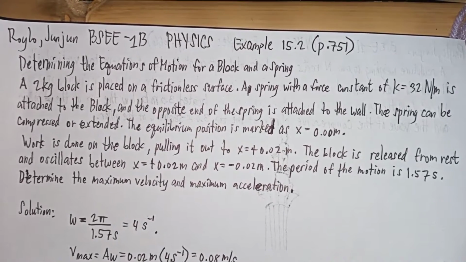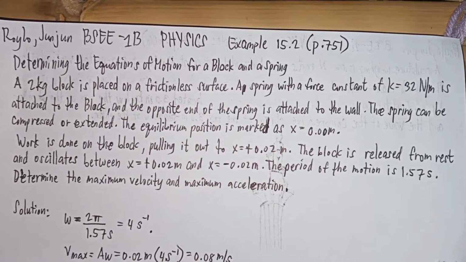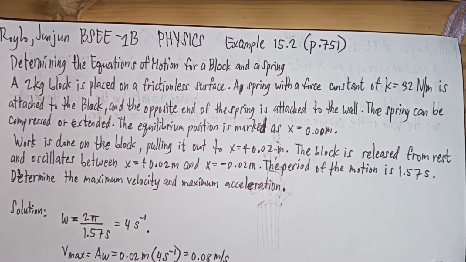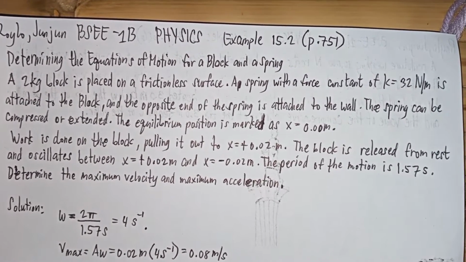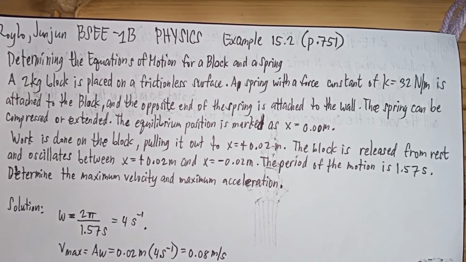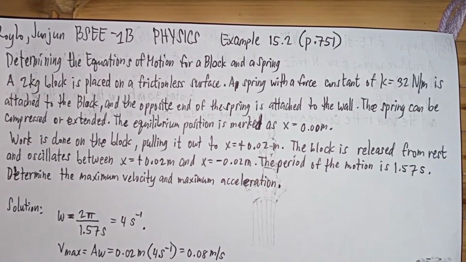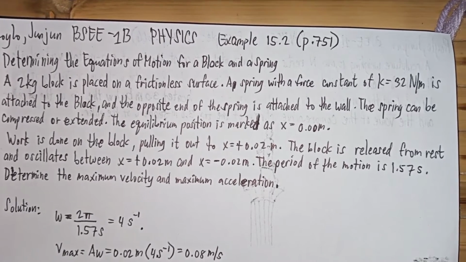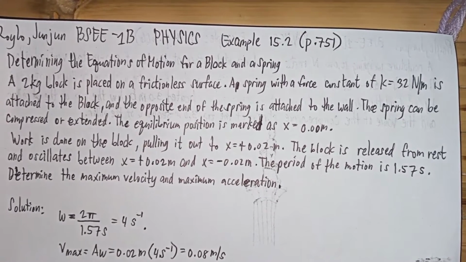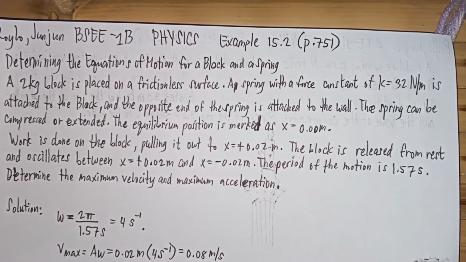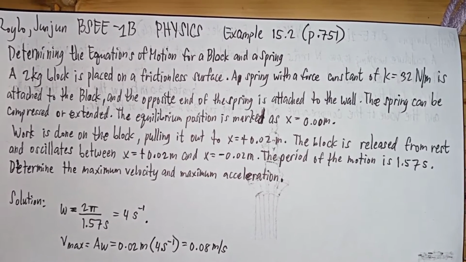Example 15.2, page 751. Determining the equations of motion for a block and a spring. A 2 kilogram block is placed on a frictionless surface. A spring with a force constant of K equals 32 N per m is attached to the block, and the opposite end of the spring is attached to the wall. The spring can be compressed or extended.